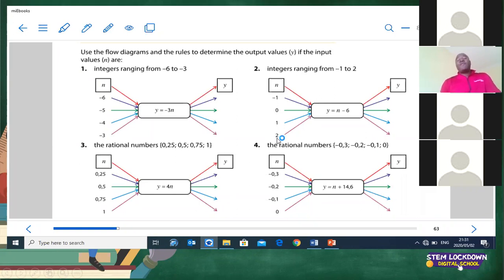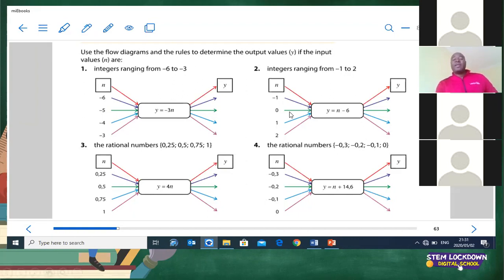Again, if you want to find the values of y, meaning that if you want to find the output values, you will be able to substitute. For every value of n there, you need to substitute. If n is -1, y will be equal to -1 minus 6, which is -7.